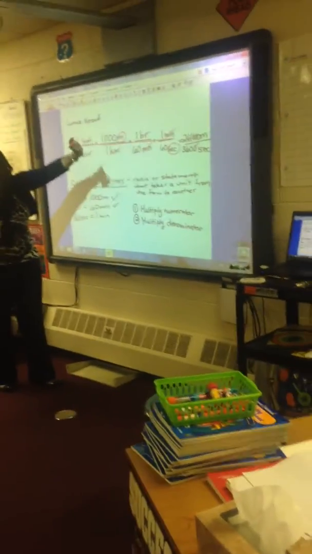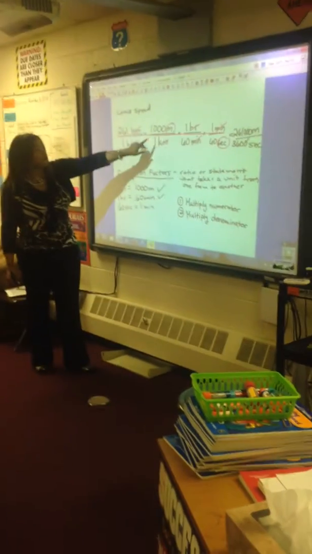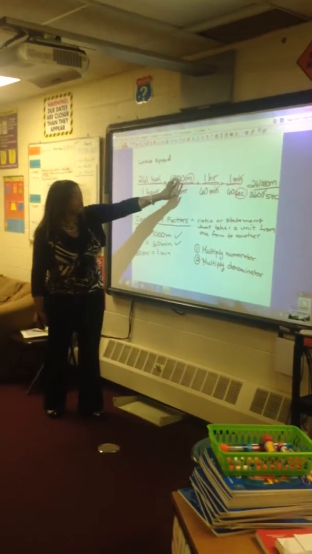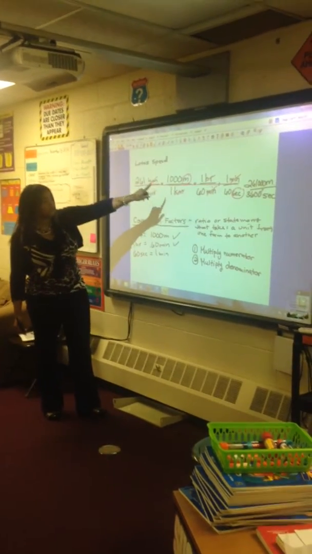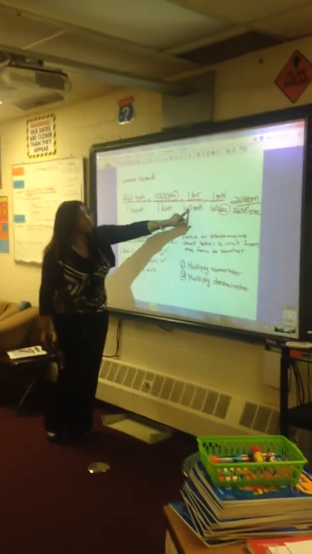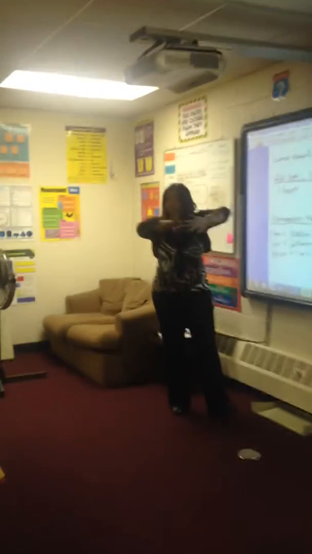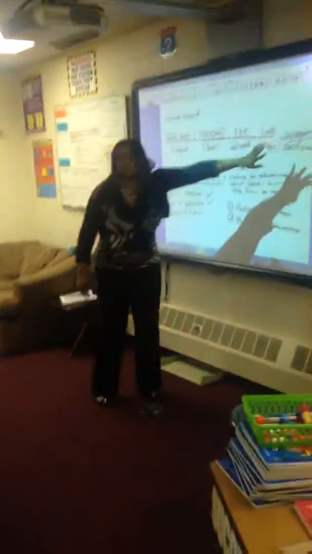If there was a 60 on the top, they would. I don't think there's a factor in 60 and 1,000. But if you had 120, there may be something you could cancel out, like with prime factorization. But we're not going to go that far, because at the end we're just going to do this division, and it's going to give me this over 1 anyway.